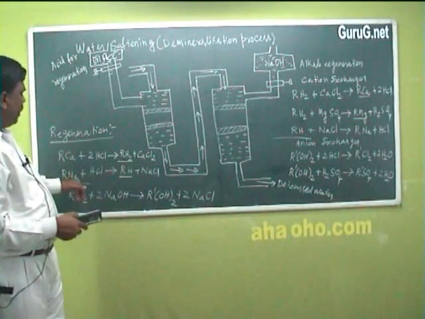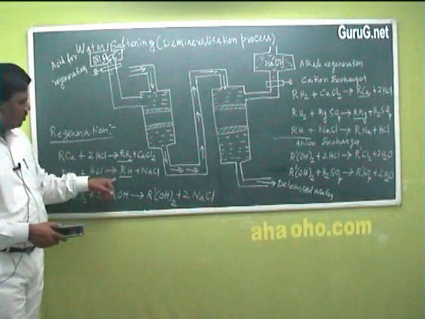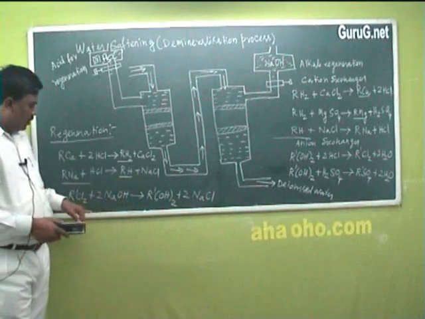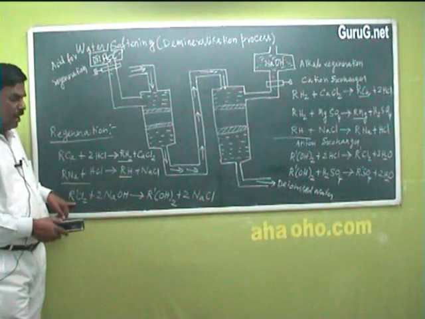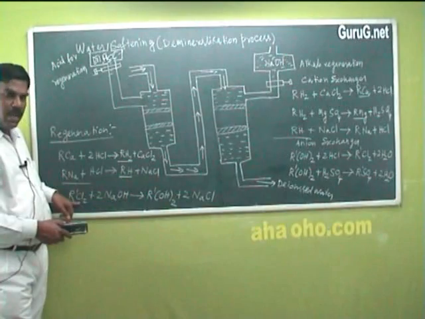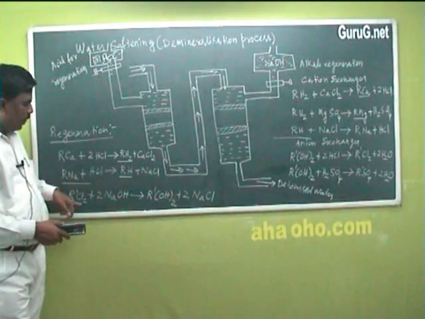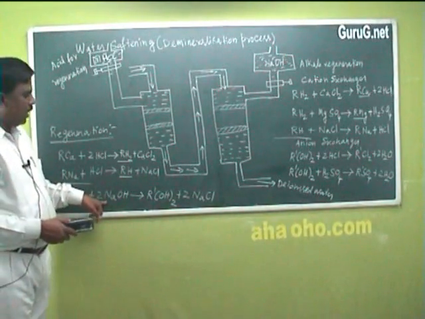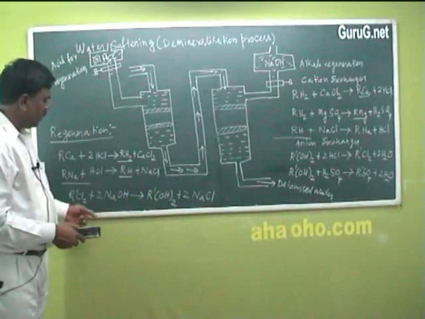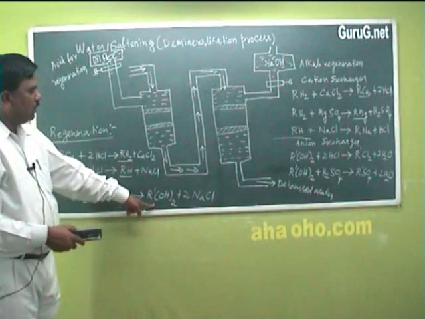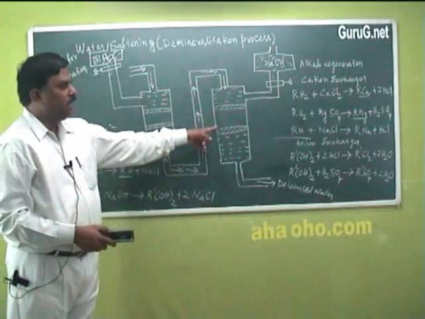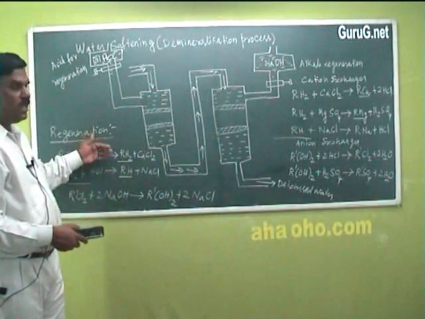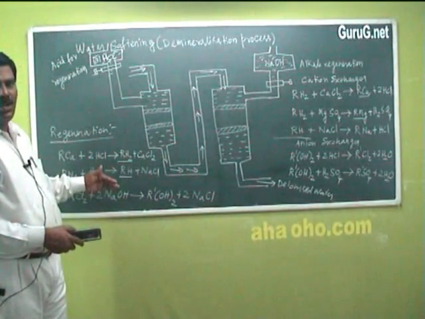Like that, RNa plus HCl gives RH plus NaCl. Similarly, for the anion exchanger, the chloride ions bound to the resin are treated with sodium hydroxide. NaCl is eliminated, and the R-OH functional group, that is the anion exchanger, is regenerated in the column. So this is called the regeneration reactions, the regeneration process.